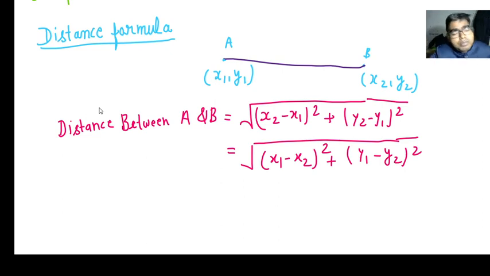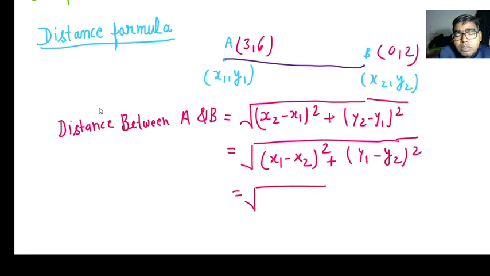Let us take 3 comma 6 and 0 comma 2. Simply suppose it is 3 comma 6 and it is 0 comma 2, right friends? Then put the values: 0 minus 3 whole square plus 2 minus 6 whole square.